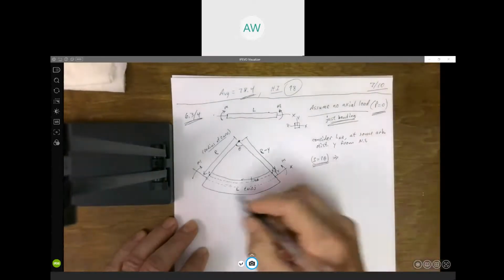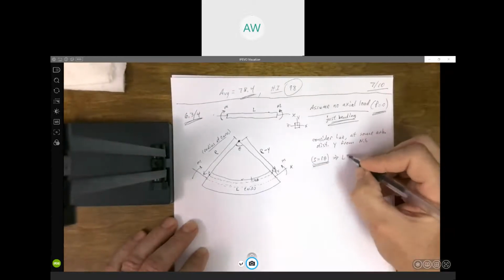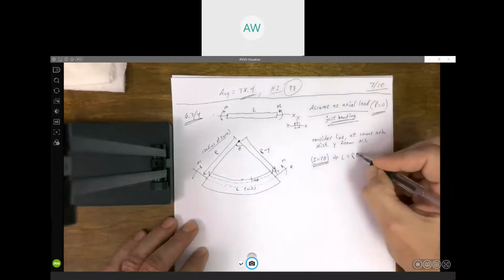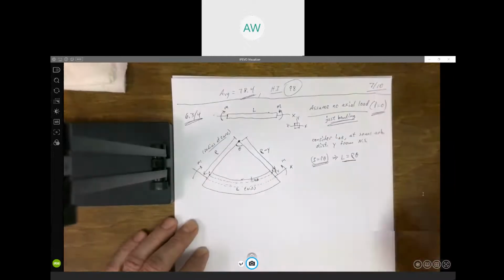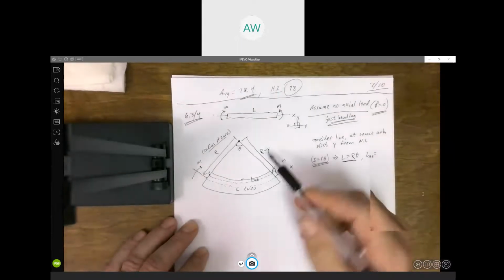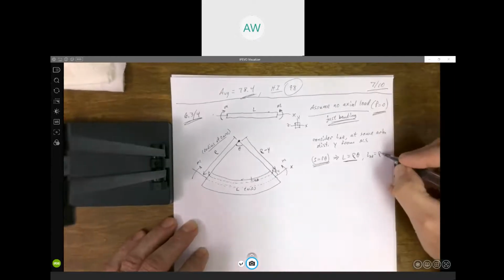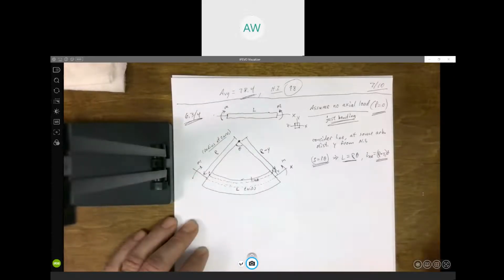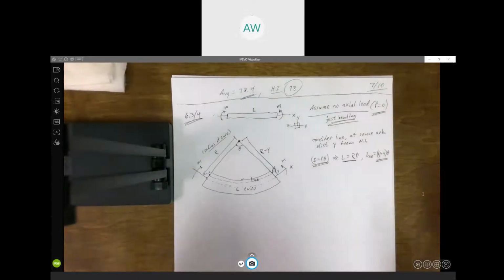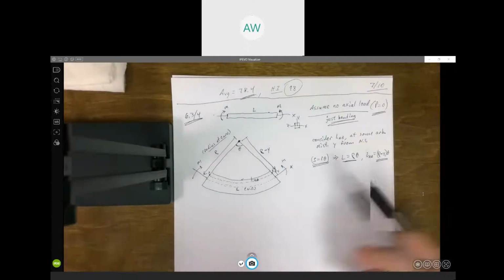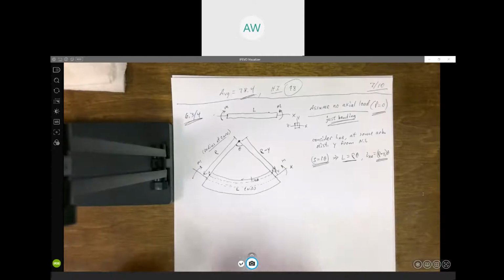The undeformed length of the neutral surface has radius rho, and theta is that angle. The length of AB would be that radius times that angle, so it would be rho minus y times theta. Pretty straightforward at this point.